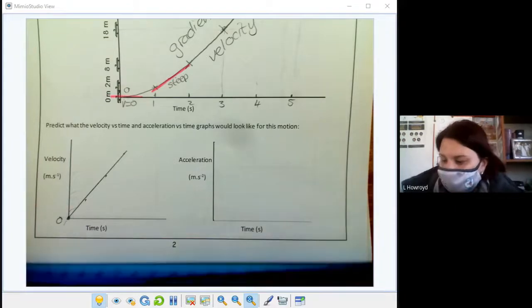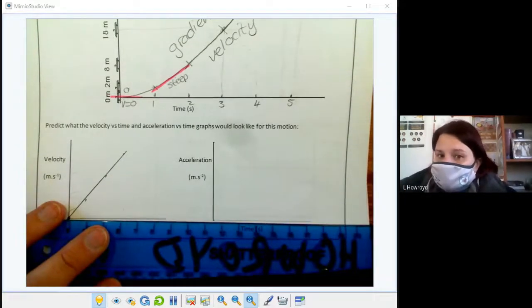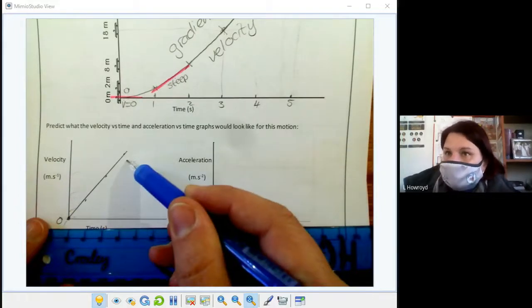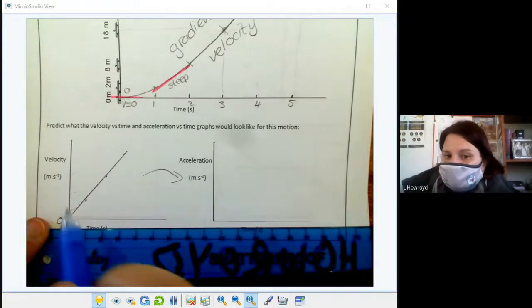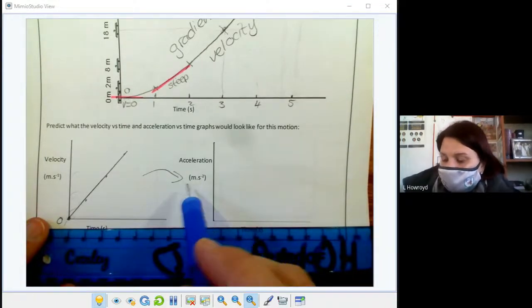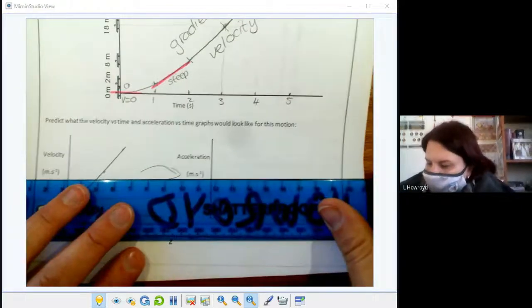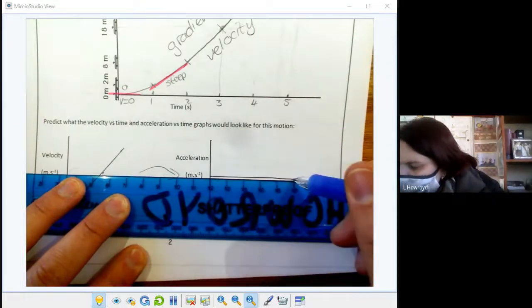So we know we are accelerating, and we can say that we are accelerating in the positive direction because of the gradient of my velocity time graph. Remember, the gradient of this graph gives you acceleration. It's a positive gradient, so I get a positive acceleration.